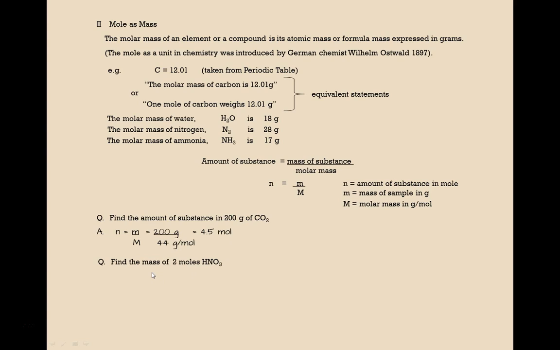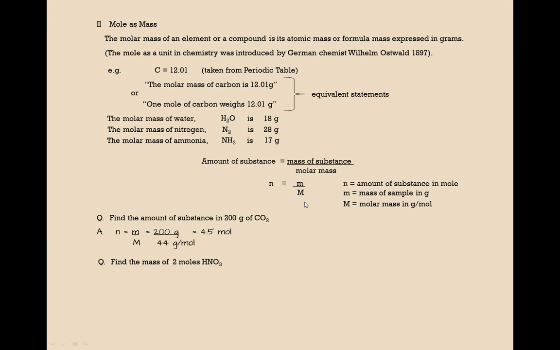One more question. Find the mass of 2 moles of HNO3. Again, we see the word mass. That should lead us to connect it with little m. We see moles, 2 moles, and that word should connect us to n. And from the formula, again, we can determine the molar mass.